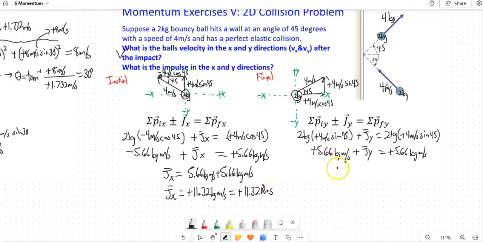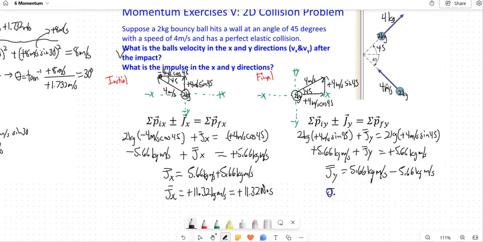All right, in the y direction, well, we have to subtract this negative 5.66 kilogram meters per second momentum onto the other side. Minus 5.66 kilogram meters per second.